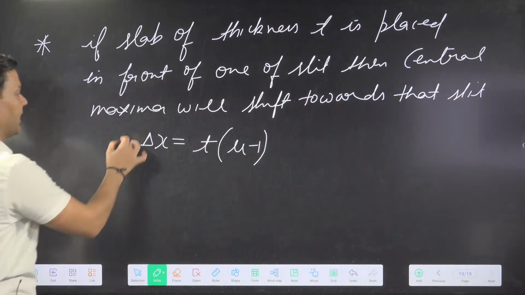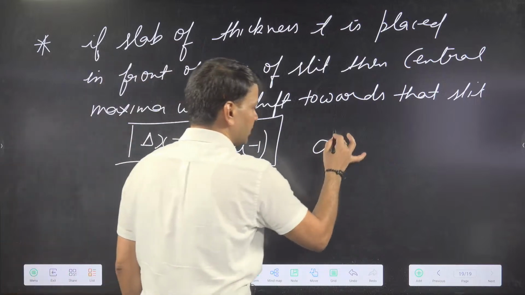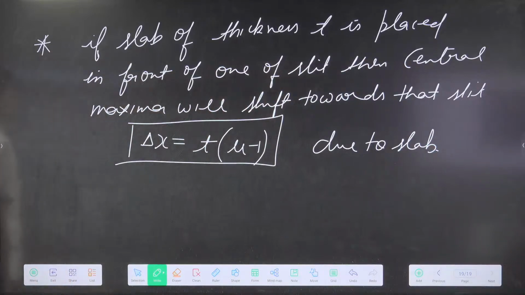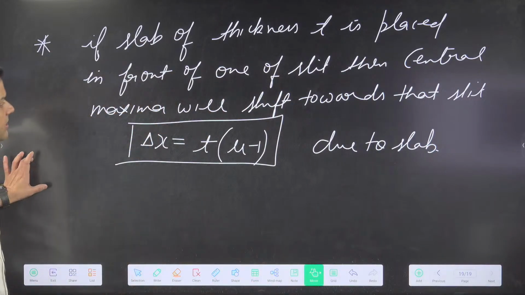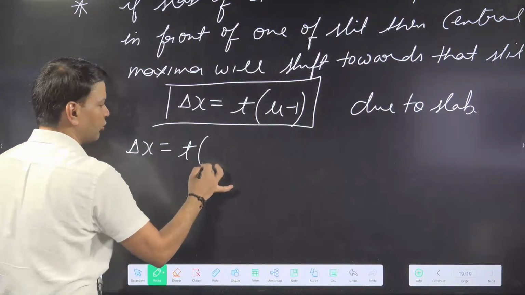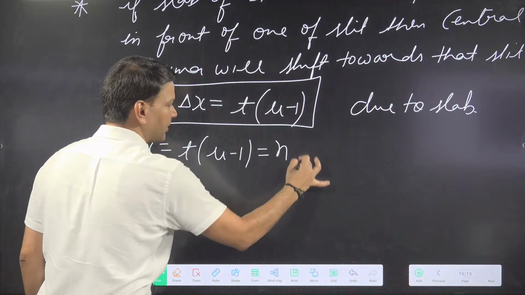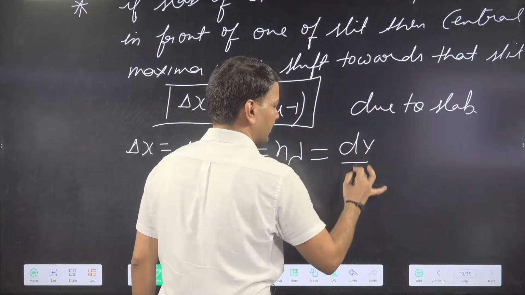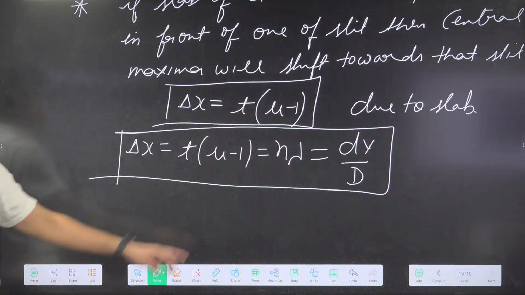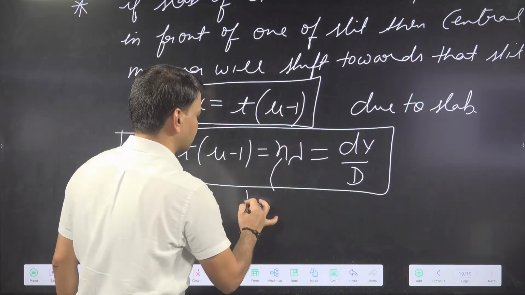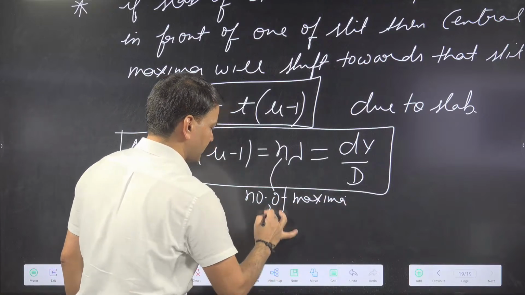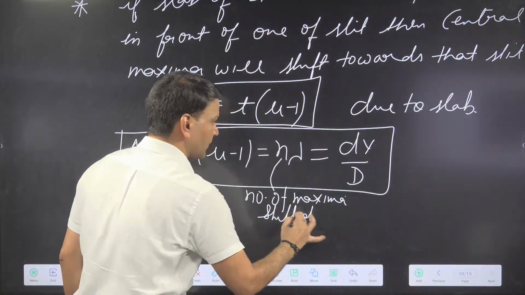Delta x due to the slab is T into (mu minus 1). If they are asking how many maxima got shifted, we will equate this with n lambda, where n is the number of maxima shifted.